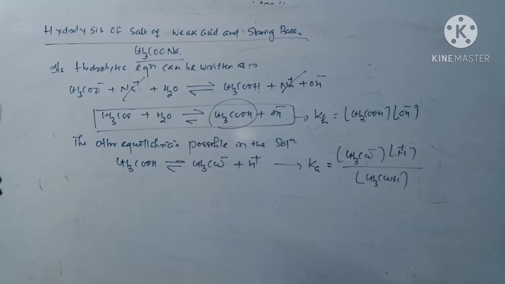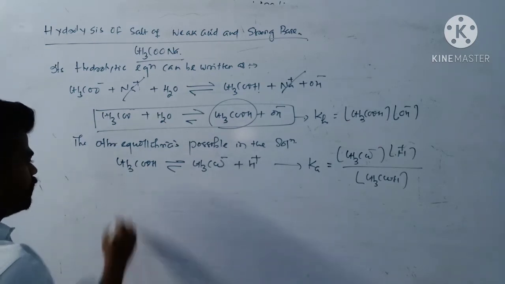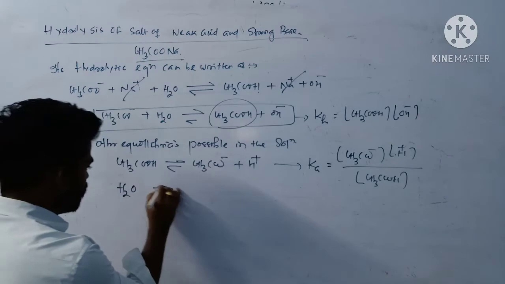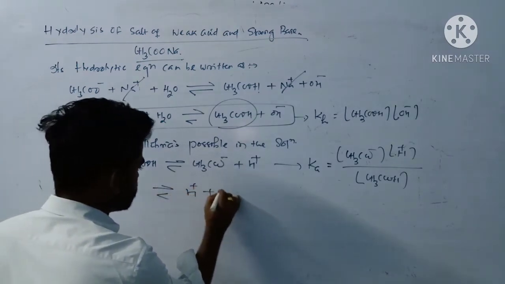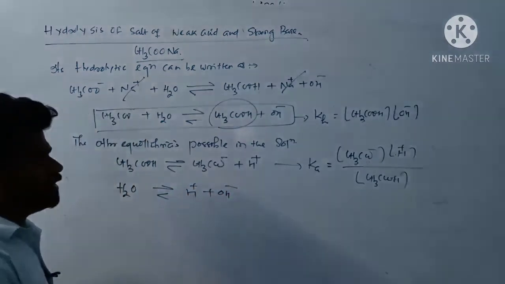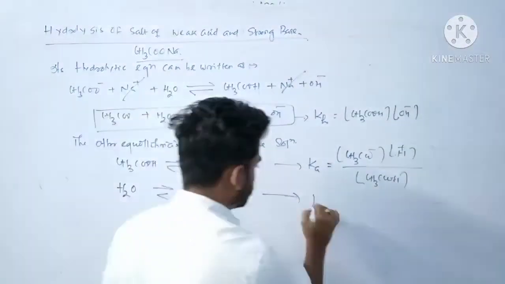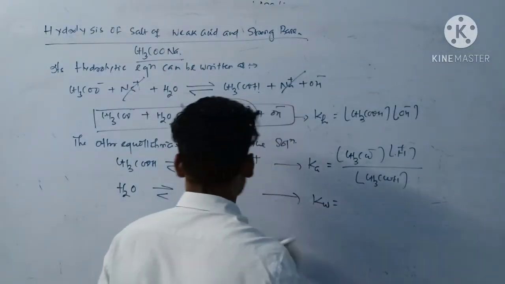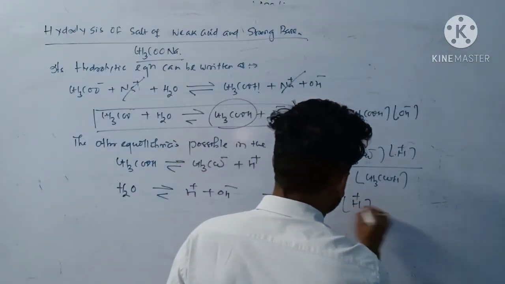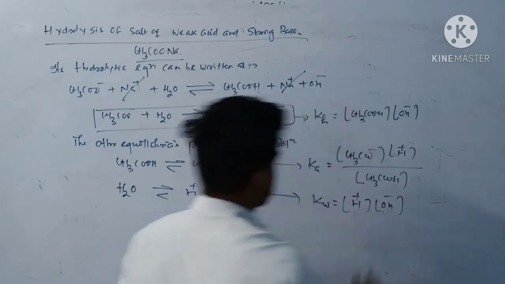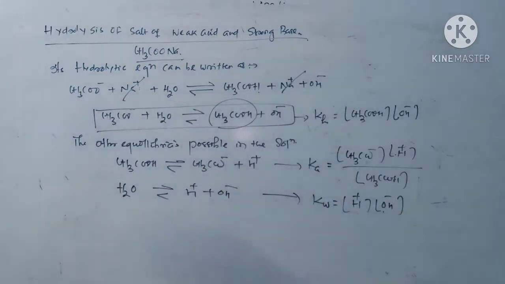Now another equilibrium, also of water, H2O giving H plus plus OH minus, because everything is dissolved in water. So it can be written as Kw, that is the concentration of H plus into OH minus. Is that clear?